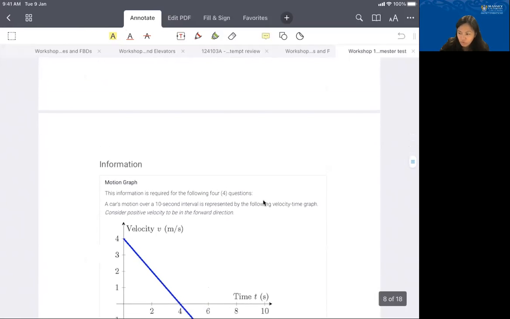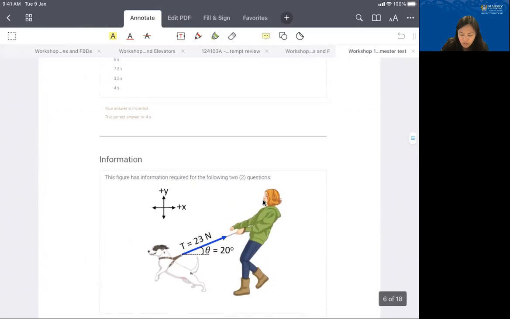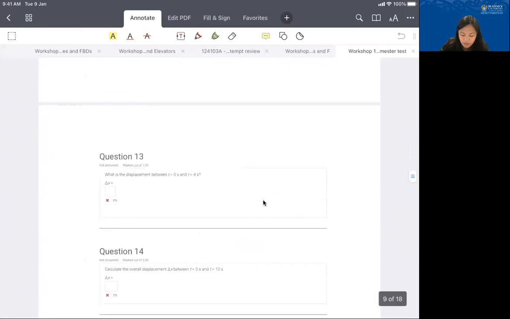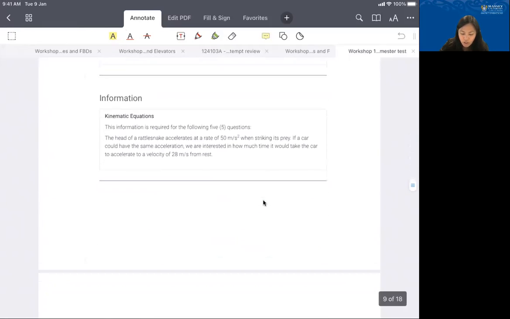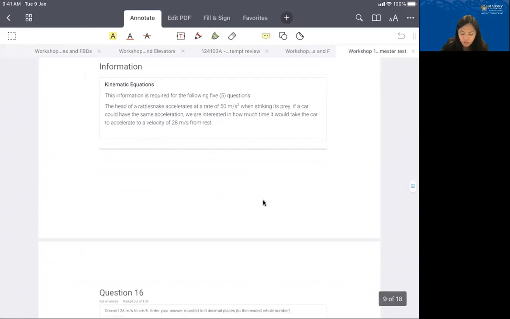Or maybe I can even start from these forces here. No, I'll start from question 15, question 16 with this information. Usually the earlier questions are about scientific notation and conversion and graphical motion.